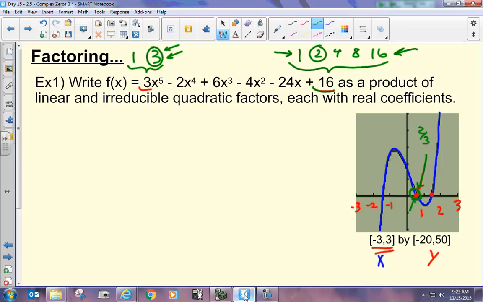So if I want to check to see if 2/3 works and use synthetic division to start to factor it out, I say x equals 2/3, all right? And I want to see if it goes into my polynomial with synthetic division, which means I just bring down my coefficients: 3, -2, 6, -4, -24, and 16.